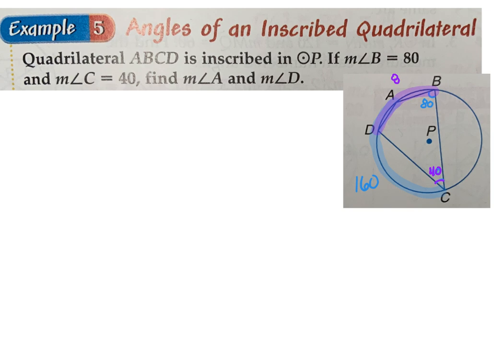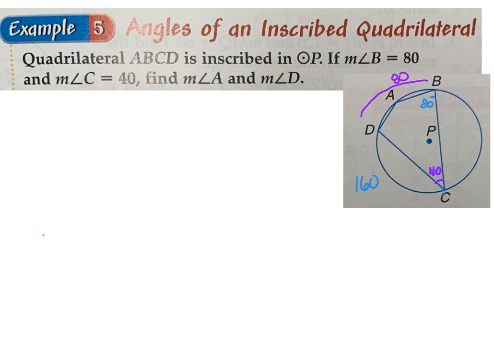So now I need to say, what do the other two make up? So I have angle D, all right? Let's erase some of this so we can see just angle D here. All right, so we have 80 all the way over here, right?